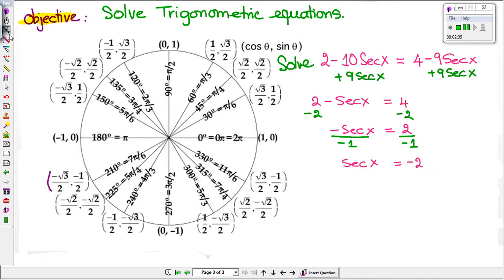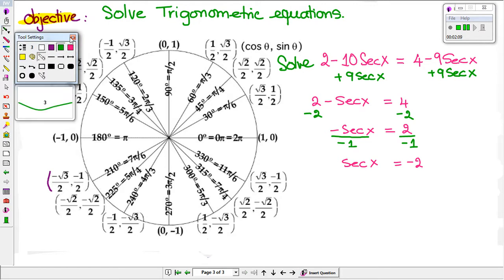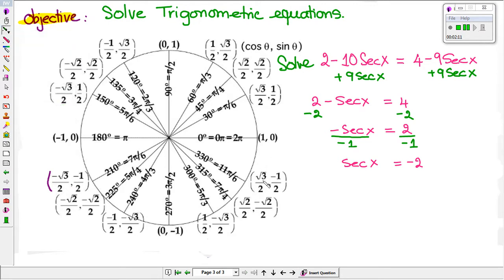Now let's go back and review the period of the secant graph. The period of secant is 2 pi.